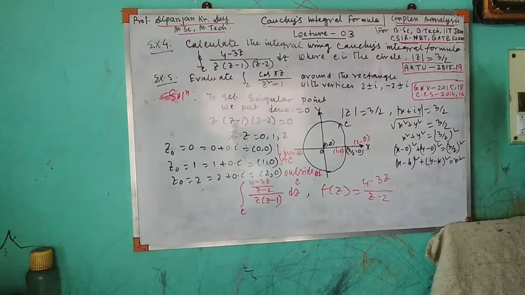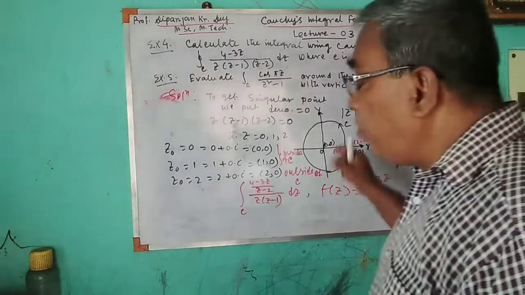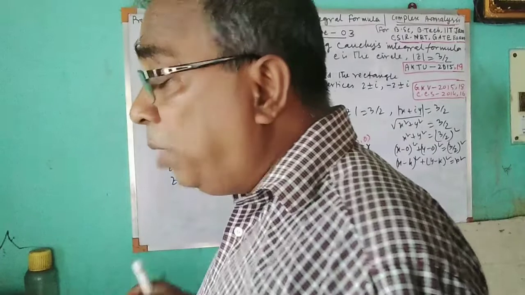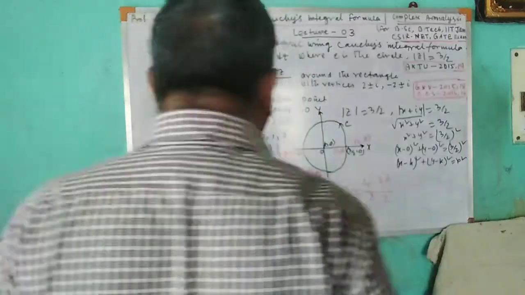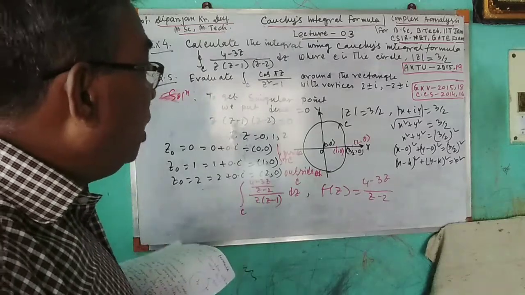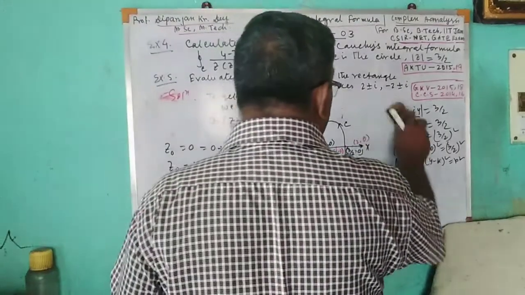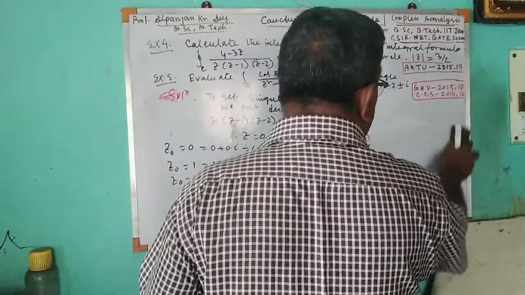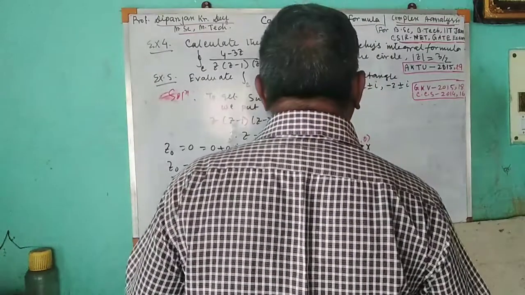I already explained it very nicely. Before this, I request all of you to see my lecture number 1 and lecture number 2 on Cauchy's integral formula. Just I am writing it here, what actually is Cauchy's integral formula.